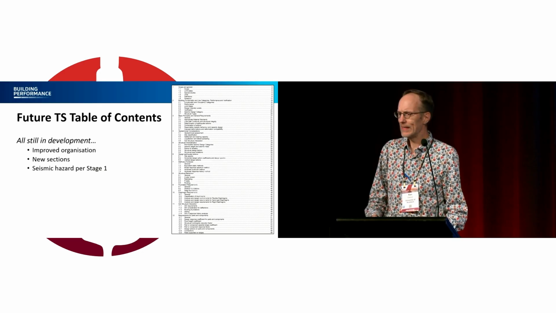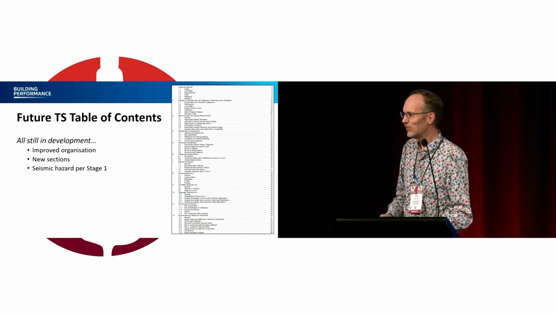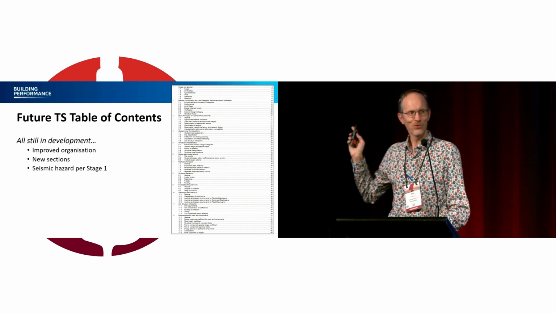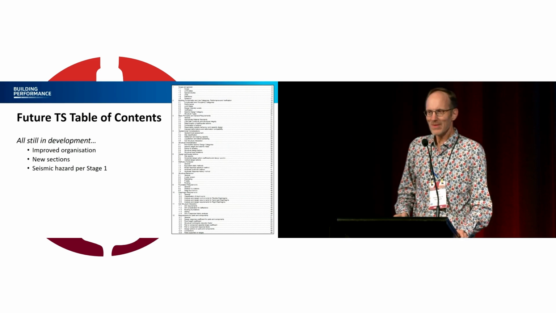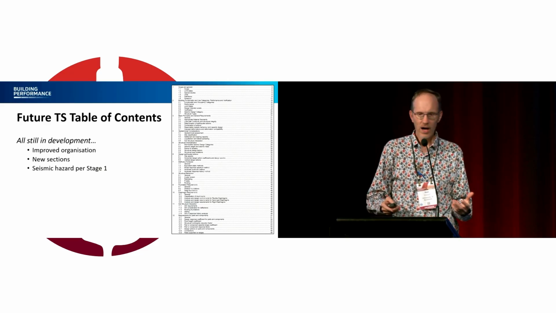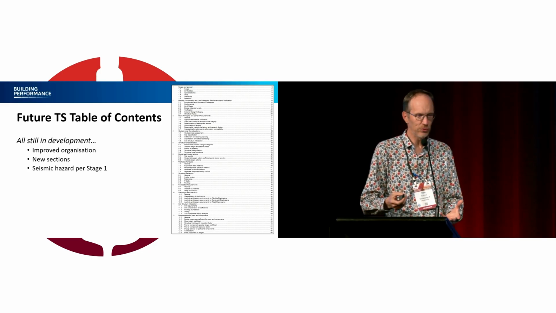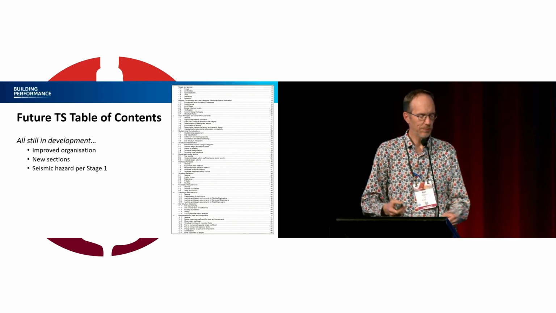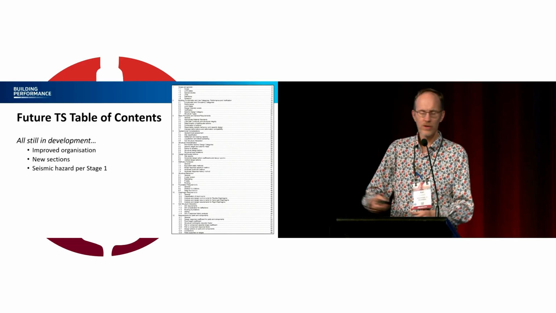One of the first things we did was consider the whole table of contents of the TS. It is intentionally too small so that you can't read it or even take a picture of it. I think it's too blurry to read. We thought about its organization, thought about a few parts that needed to be expanded, such as the geotechnical components that were brought in Stage 1, but we want to expand in Stage 2, and add a section specific to diaphragms and foundations.